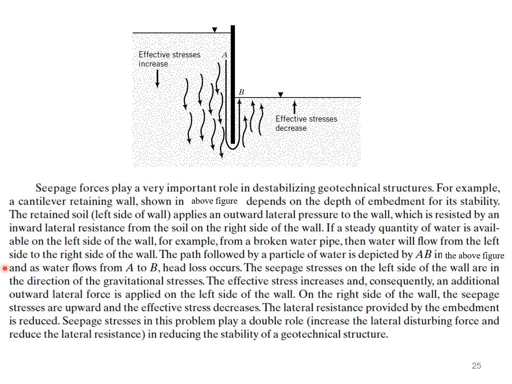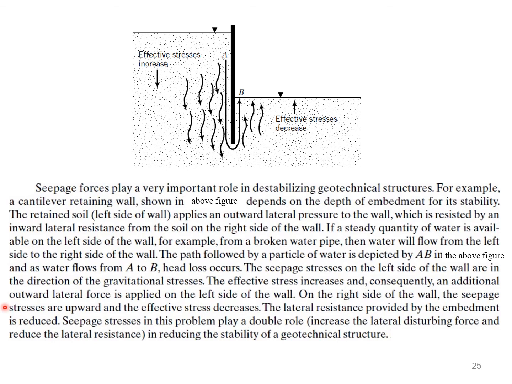The seepage stresses on the left side of the wall are in the direction of the gravitational stresses. The effective stress increases and consequently an additional outward lateral force is applied on the left side of the wall. On the right side of the wall, the seepage stresses are upward and the effective stress decreases.